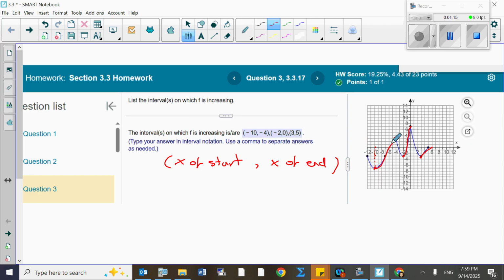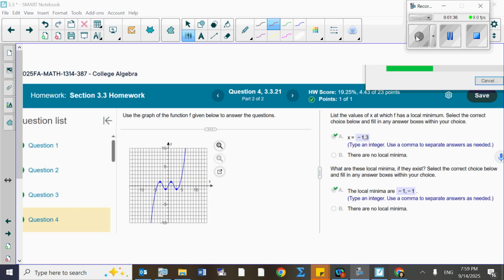The last point is at negative 4. You write only the x value, you don't write the y value. Same here: this starts from negative 2 and ends at 0. The next one starts from 3 and ends at this point, which is 5. So this is how you write the increasing and decreasing intervals.